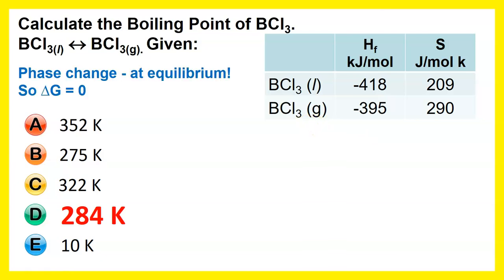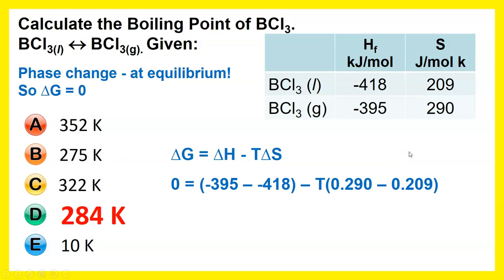So because that's equal to 0, I can use my Gibbs-Helmholtz equation. I can do my subtractions to get delta values for these things. And I set them equal to 0 because I understand that at equilibrium, phase change, delta G is 0.